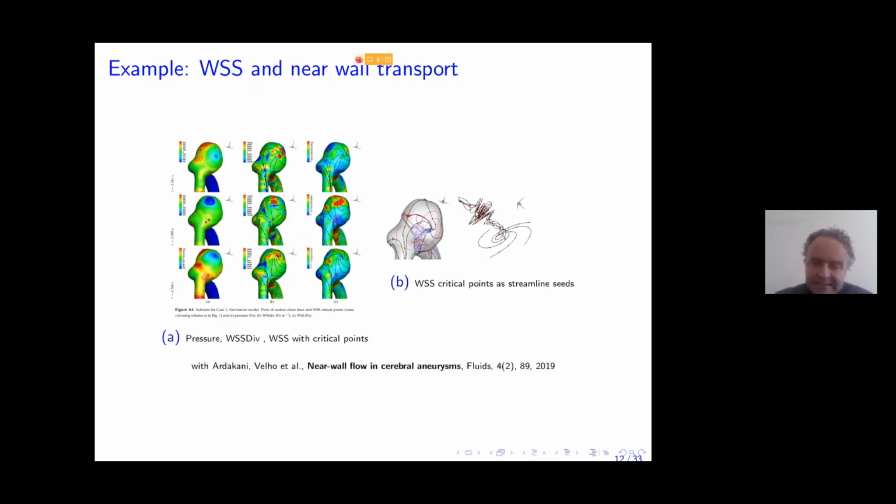Inside we already had this information, but now we can make the link between both. And when we look at the critical points of these wall shear stress vectors, we could find some connections between the aneurysms that went into rupture and the ones that did not. But again, none of those were conclusive, and further studies would be needed.